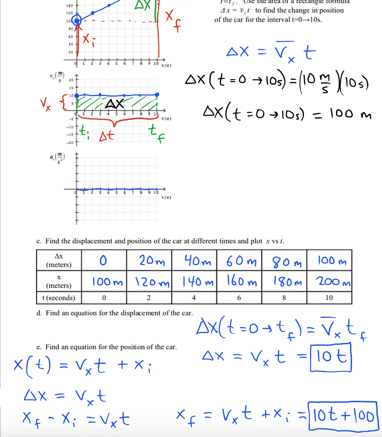Now let's just check it to make sure it works. Plug in a time of 0, for example. What would you get? You'd get 100, which does agree with this, right? Now plug in 10. 10 times 10 makes 100, plus 100 makes 200. So it looks like we've done it right.